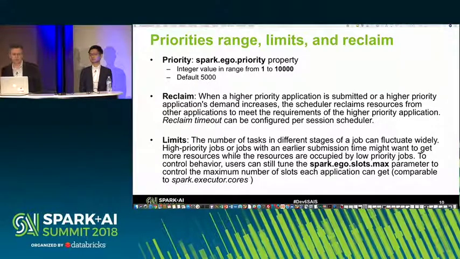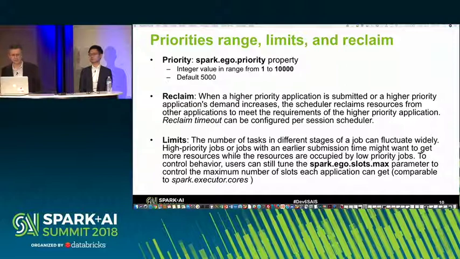And to do this dynamically, we introduced another property for Spark, priority, which is an integer value from 1 to 10,000, and we put the default in the middle of the range, so we can increase or decrease priority from the default. And also two other parameters, such as reclaim.